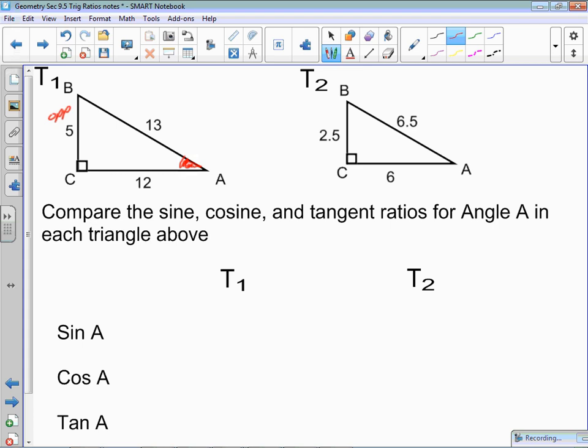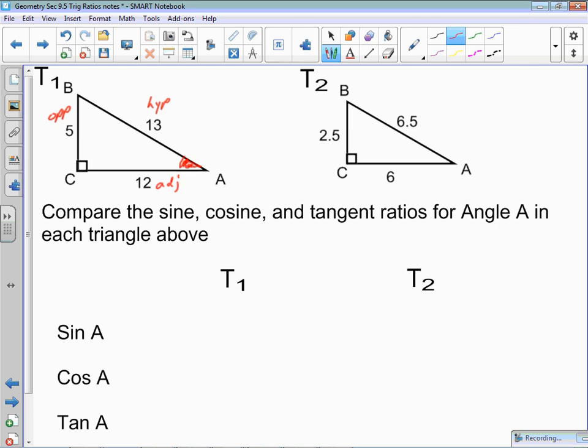And then which side is the hypotenuse? BA is the hypotenuse, or the length is 13. And then which side would then be adjacent? CA, right? The only side left that didn't have a label on it. All right, so when we look at the sine of angle A, right?